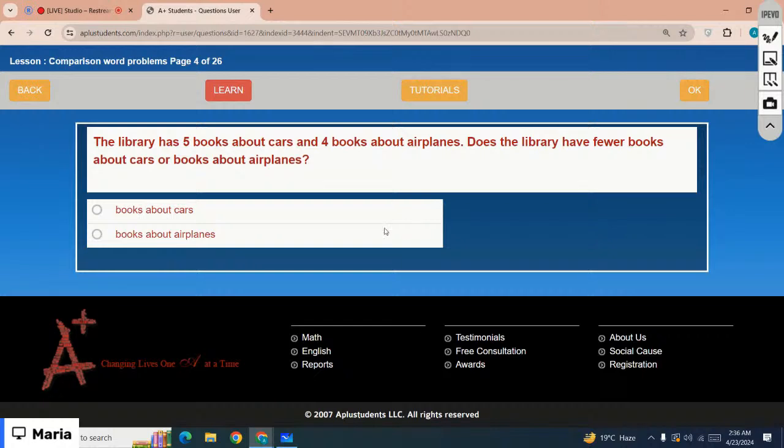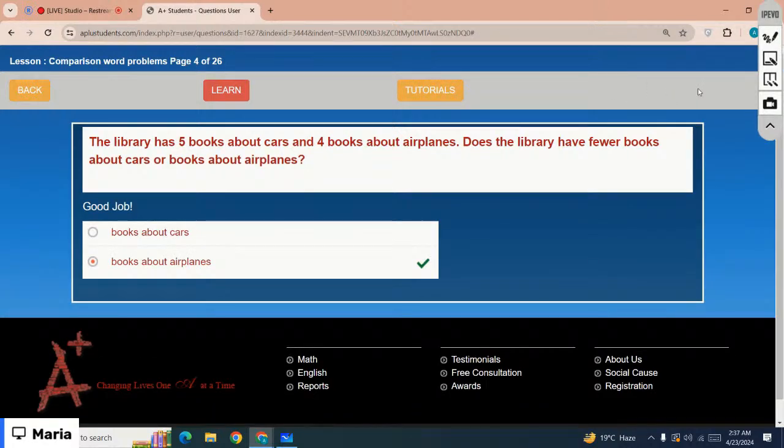The correct option is they have fewer books about airplanes. The correct option is fewer books about airplanes.